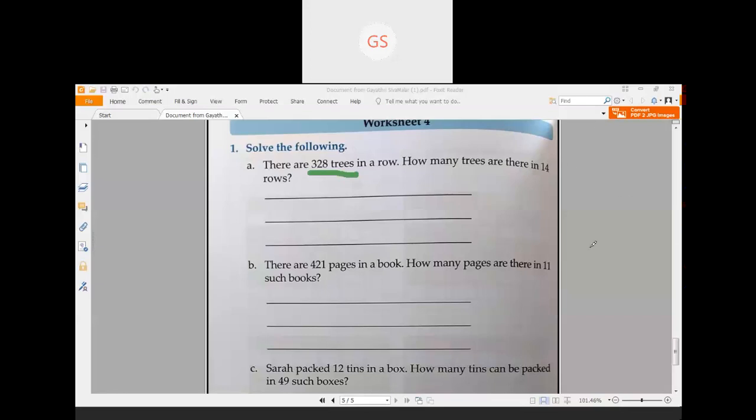Yes, very good. Very good. Super. So the first statement is, I'll type here. Number of trees in a row is equal to 328.